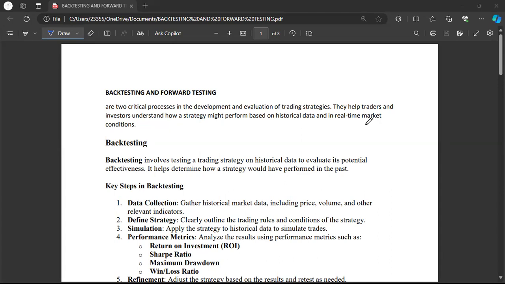CMG is here to throw more light on the differences and what is actually done step by step in backtesting and forward testing. Now, to clear the air, backtesting and forward testing have nothing to do with the creation of the strategy. Before you do backtesting or forward testing, it means you already have a trading strategy.